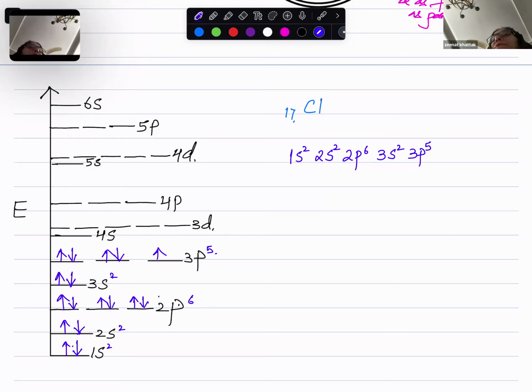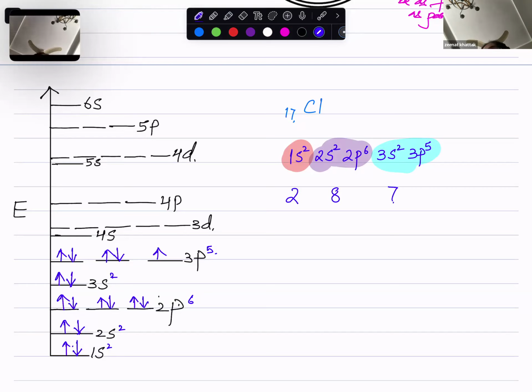Next thing, if you look, in the first shell, 2 electrons. In the second quantum shell, 8 electrons. In the third quantum shell, 7 electrons. So 2, 8, 7. Right?